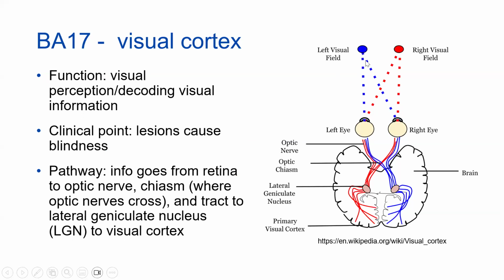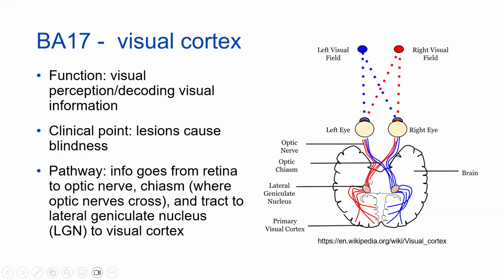When information hits the retina, it is going to travel from the retina to the optic nerve. It's going to cross the optic chiasm. Optic chiasm is when the optic nerves from the left and right eyes cross over. That's a chiasm.